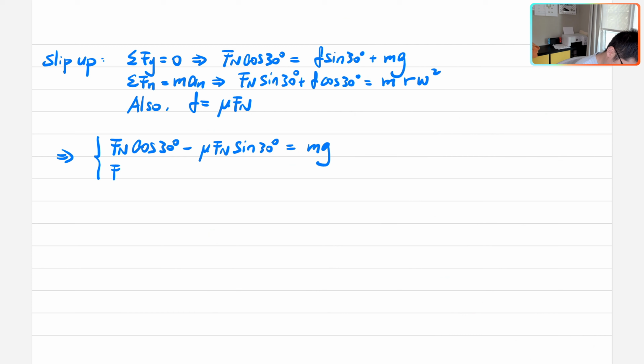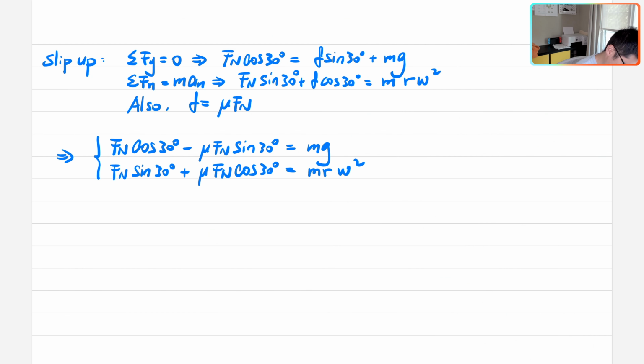And for the second equation, we are simplifying this into the normal force Fn sine 30 degrees plus mu Fn cos 30 degrees equals m r omega squared.